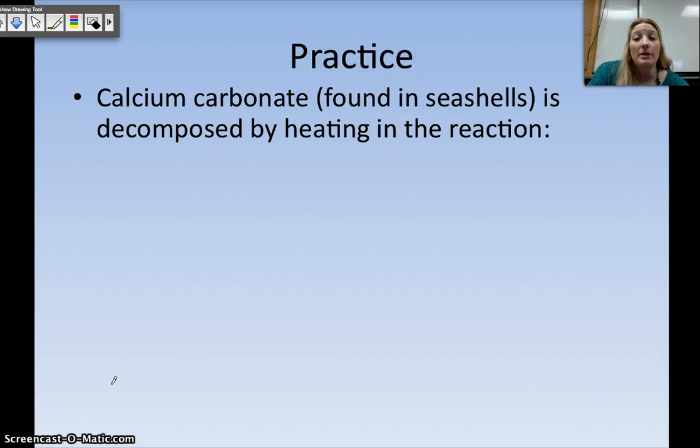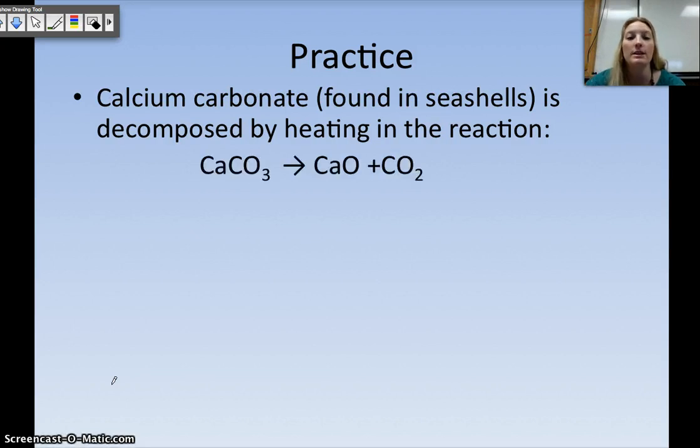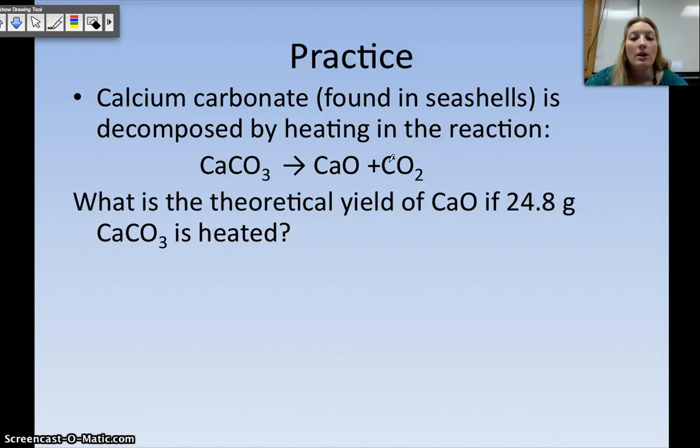If we have calcium carbonate, this is also found in seashells and in chalk, it's decomposed in this reaction. And if we look at this reaction, we notice 1 calcium, 3 oxygens, 1 here, 2 here, 1 carbon, 1 carbon. It's already balanced for us. What would be the theoretical yield of calcium oxide if 24.8 grams of calcium carbonate is heated?